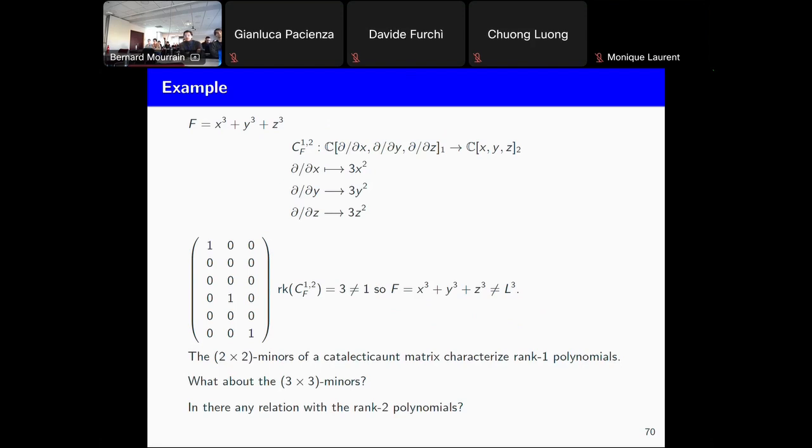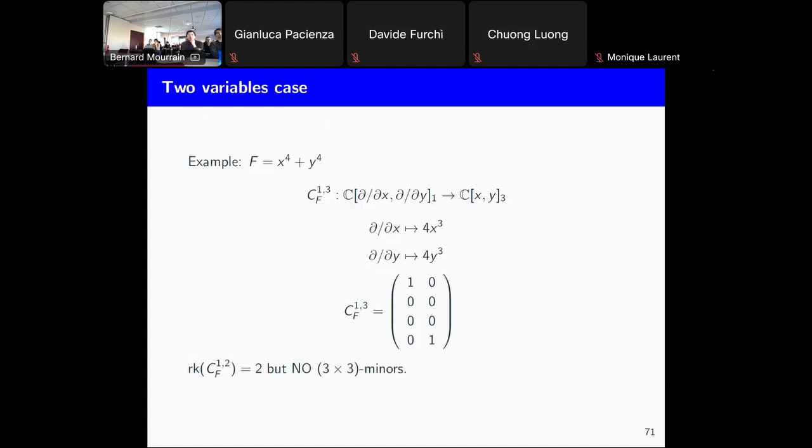There were already many other questions yesterday on these 3x3 minors, whether they can define rank 2 or not. And we already have this hint on the W tensor, that it is not going to work. So let's see what we can say from this case. This is another example. This is clearly rank 2, but let's see what happens if I do my catalecticant map.